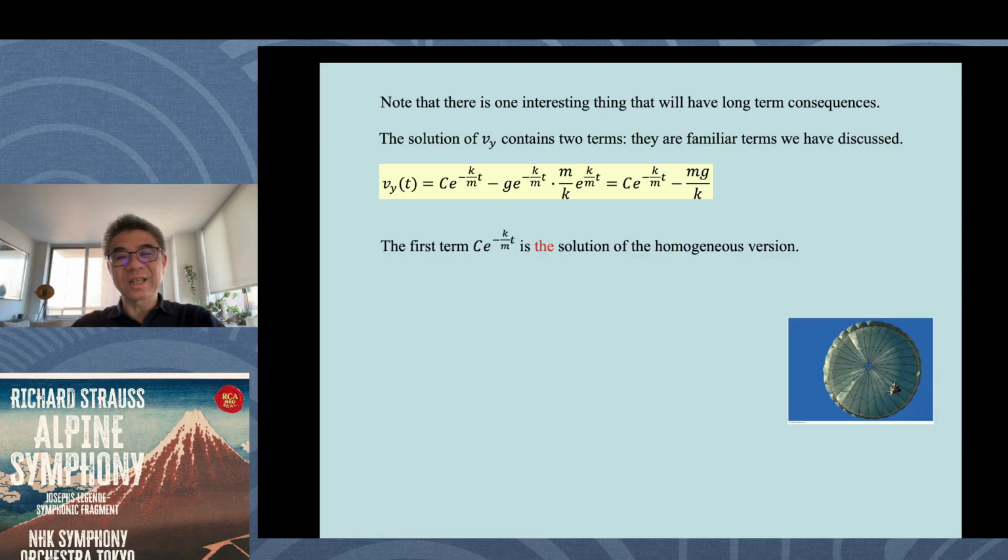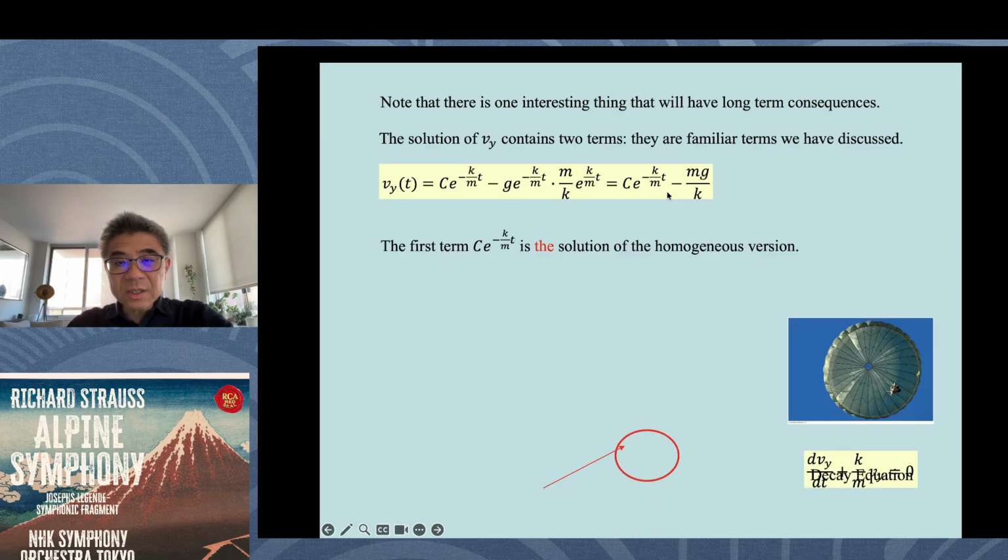The solution of the decay equation is an exponentially decreasing function, just like this. I don't need to go back to the earlier PowerPoint transparency. You can see clearly this is the solution of the homogeneous version of the decay equation.